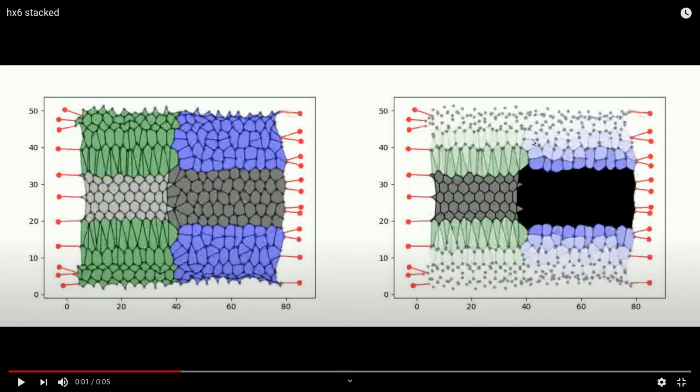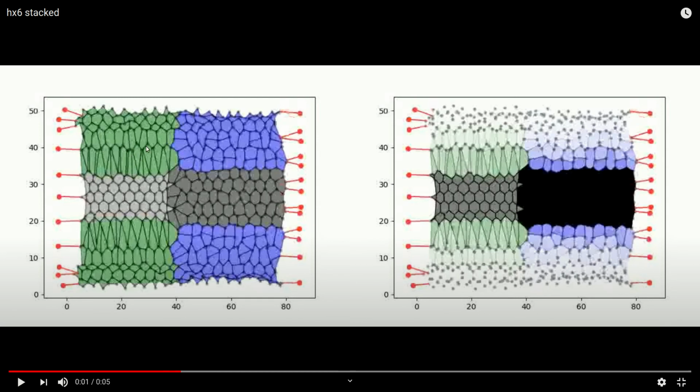Here there are different cell types. One is the green cell type and the other is the blue cell type. The blue cell type is exactly the same as before, and now the green cell type responds differently to the morphogen. So the morphogen is secreted from both the gray and the black sides, and both cell types, the green and the blue one, grow in response to the morphogen, but the blue cells orient their divisions perpendicular to the gradient of the morphogen, whereas the green cells orient their division in the same direction of the gradient.